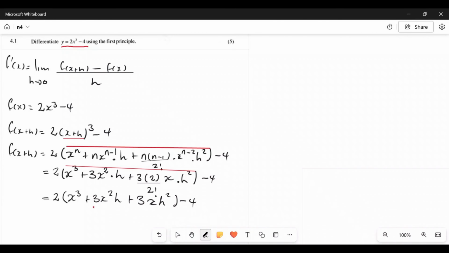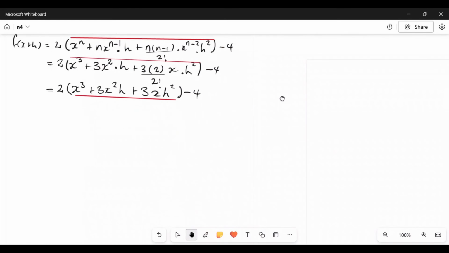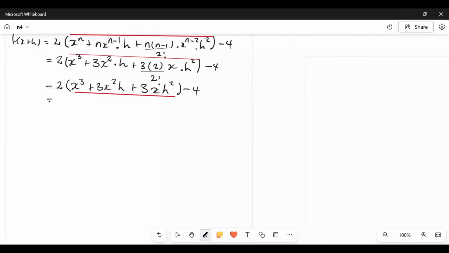There we go. So we already simplified this one here. Let me highlight so that you can keep track that this is our x plus h to the power of 3. But let's continue. As we continue here, let me get rid of the bracket. If you multiply this 2 with x cubed, we're going to have 2x cubed.